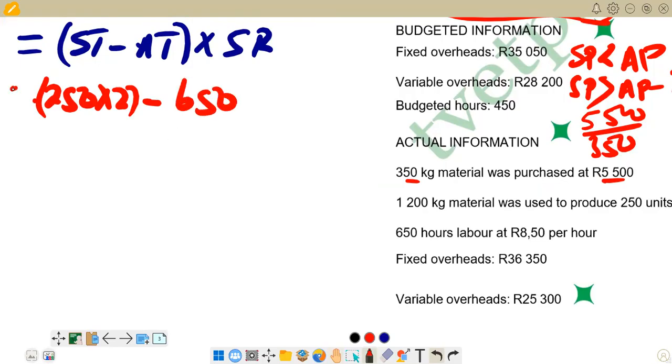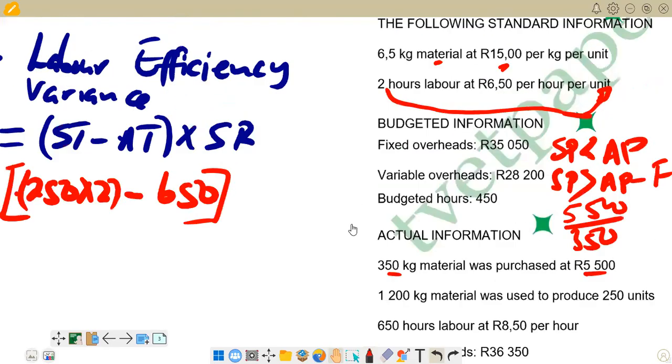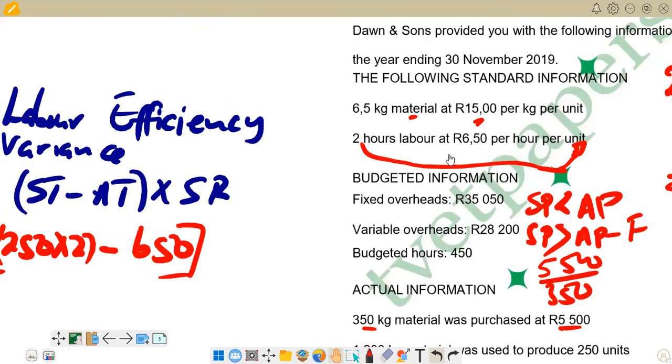All this we now multiply by the standard rate. The standard rate we get in the beginning, where we put the standard information, it's 6 rand 50. As simple as that. So we multiply now by 6.50.